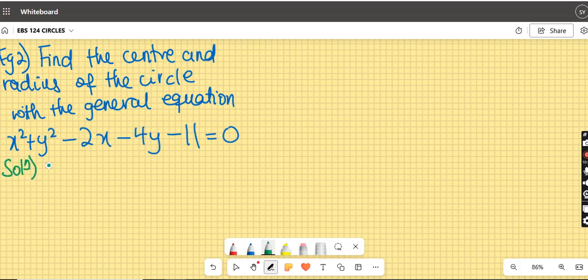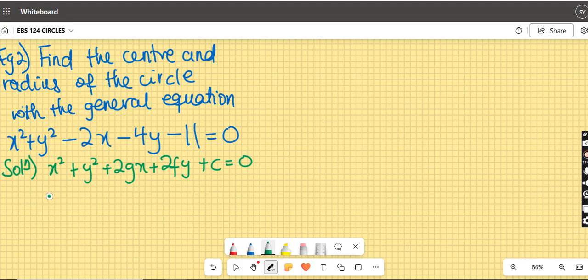For the solution, let's start by quoting our general equation of the circle: x squared plus y squared plus 2gx plus 2fy plus c is equal to 0.